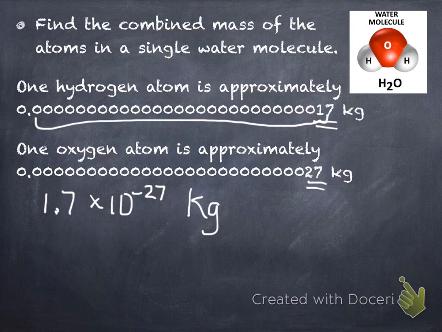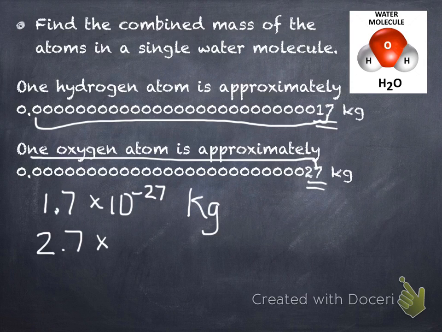All right, and then for the oxygen atom, I've got 2.7, giving me that number between 1 and 10. I'm going to put my decimal place right here, right after the leading digit, 2. 2.7. This time, though, to get here, there are only 25 zeros plus one more place, the 2.